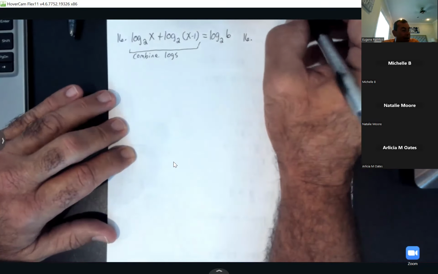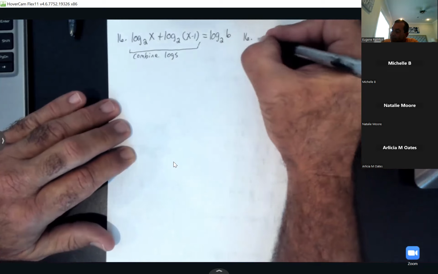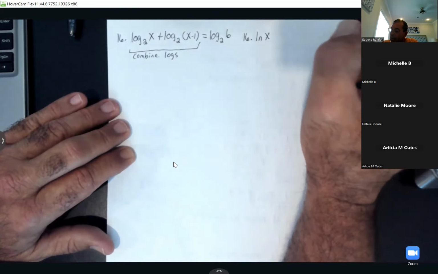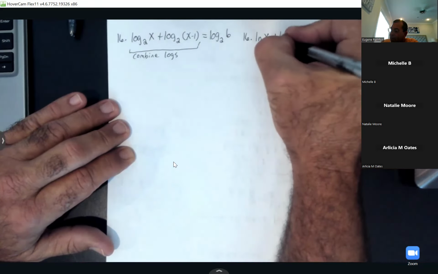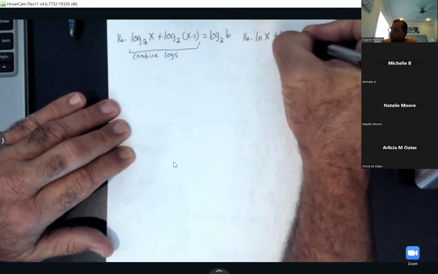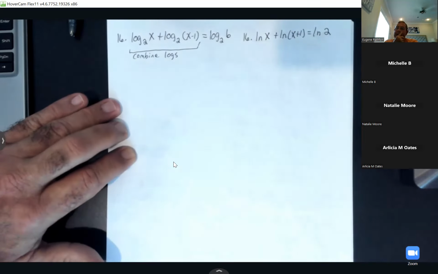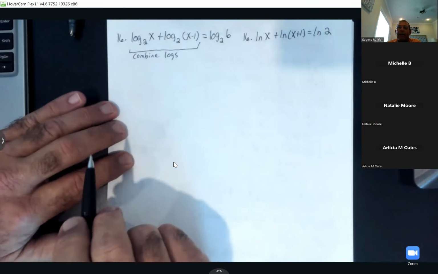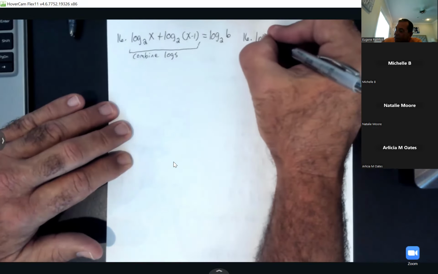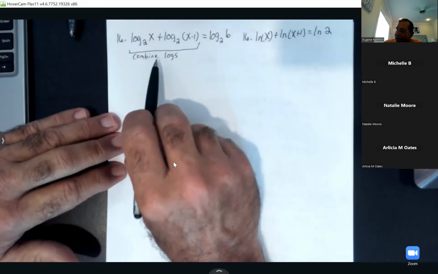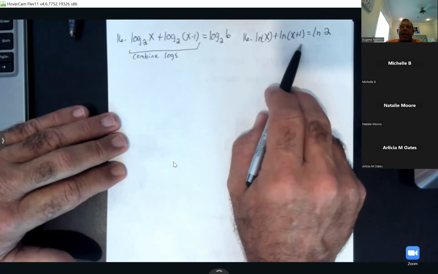So you got ln of x in parentheses, plus ln of x plus 1 equals ln 2. And then that first x is in parentheses too. Yeah, it doesn't matter. They're just letting me know that that's my LN. Alrighty, so let's work this one and then we'll knock that one out.